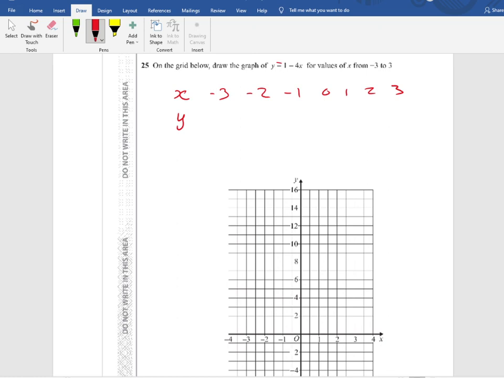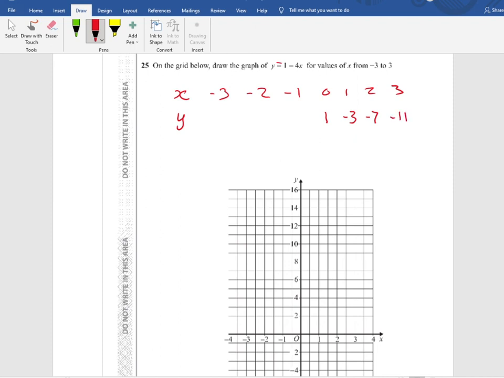So let's do the ordinary numbers. 4 times nothing is nothing, so 1 minus nothing is 1. When x is 1, that will be 4, 1 minus 4 is minus 3. When x is 2, that will be 1 minus 8, which is minus 7. When x is 3, it will be 1 minus 12, which is minus 11.